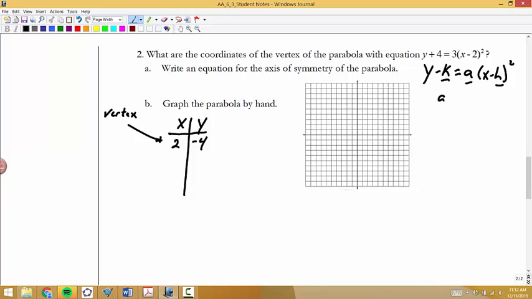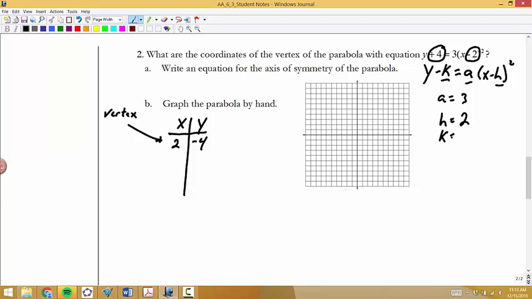A is equal to 3. Now all that really tells me is that my parabola is going to open up. H, okay, so it's minus h, so it's always going to be the opposite of whatever this is right here. So in this case, h is going to be 2. And then k is always going to be the opposite of whatever we have here.